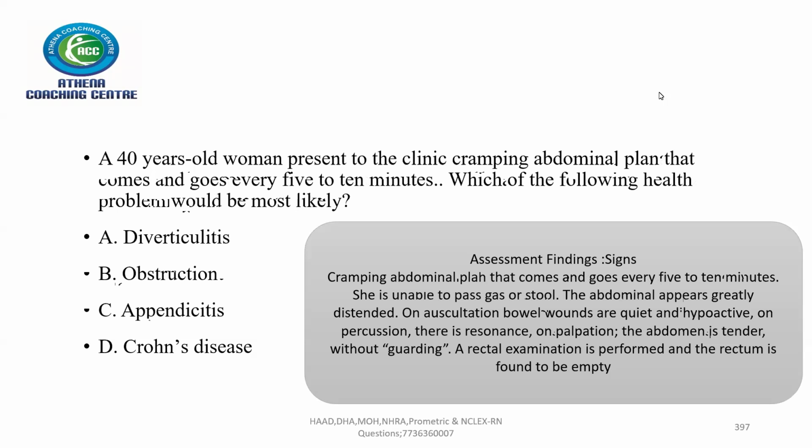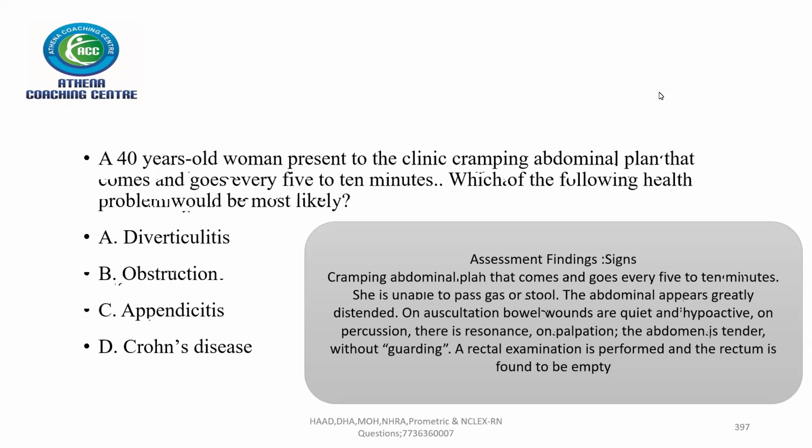So the age of the patient is 40 years and she has abdominal cramping, which comes and goes very frequently. She cannot pass gas or stool, a sign of obstruction. The abdomen appears greatly distended, a sign of obstruction.